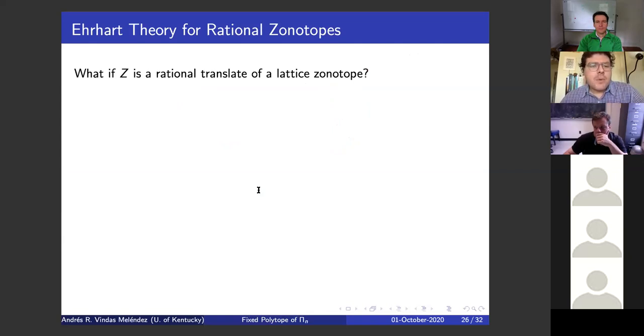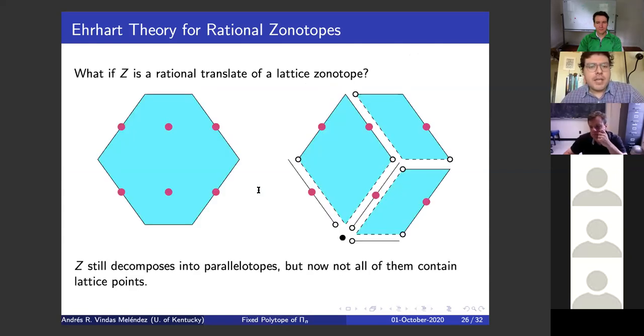But the question is, what if I have a rational translate of a lattice polytope? And so here, this is actually the fixed polytope pi 4 fixed by the transposition (1 2), okay? Well, we see that it no longer has lattice vertices, right? But there are still lattice points, right?